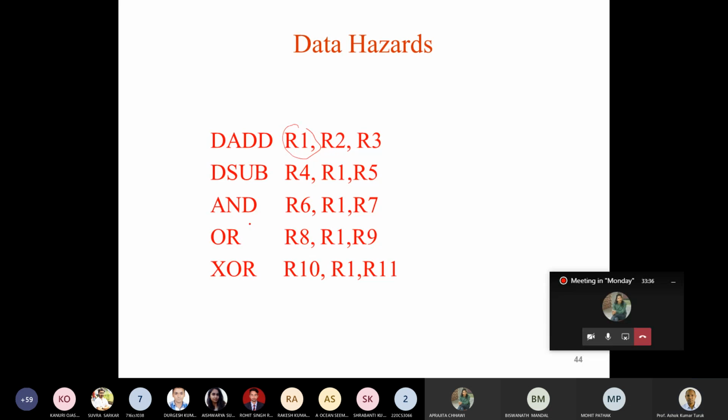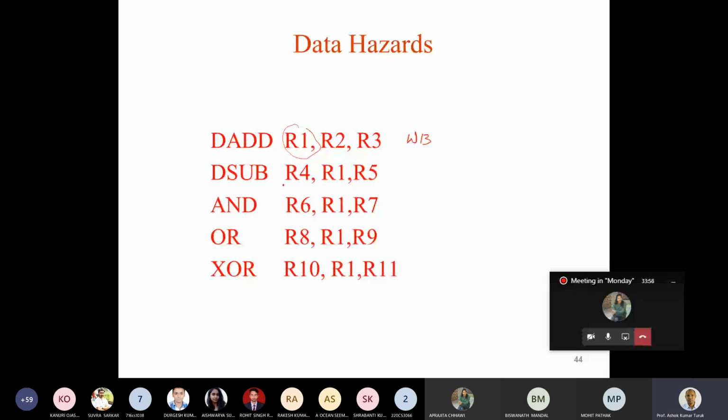Now let's look at the add instruction. It updates the value of R1 in the write back stage. So R1 is updated in the write back stage.